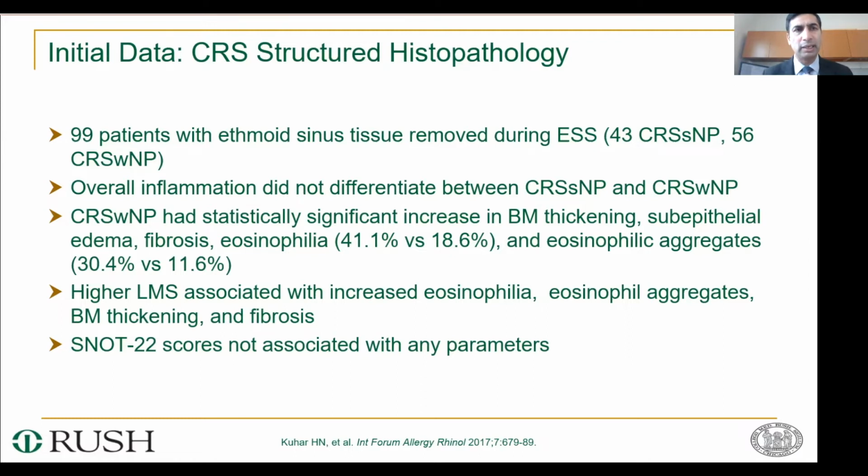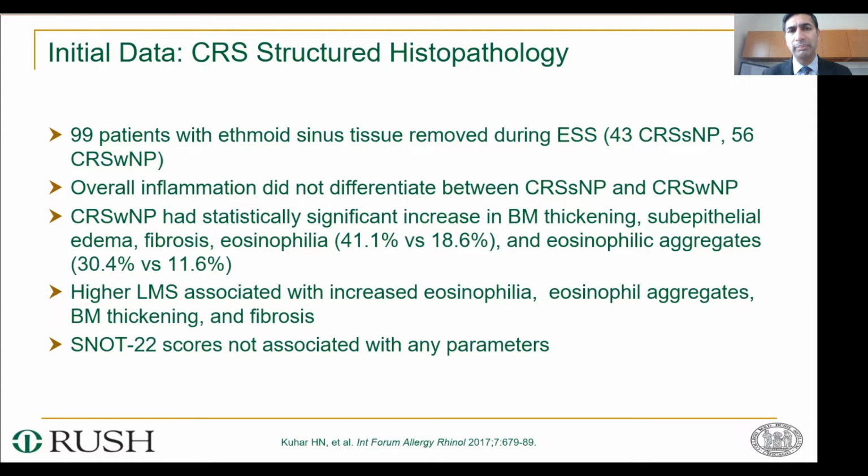So the initial report focused on 99 patients where ethmoid sinus tissue was removed during sinus surgery. There were 43 patients that did not have polyps and 56 that had the presence of polyps. What was interesting is that overall inflammation did not appear to differentiate between these two phenotypic variants.